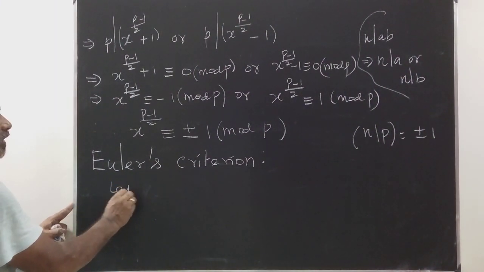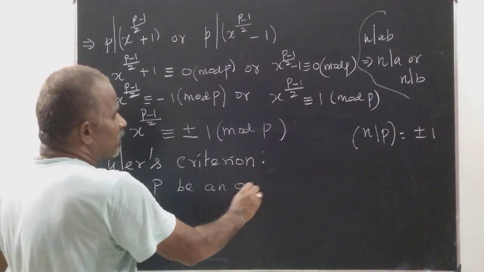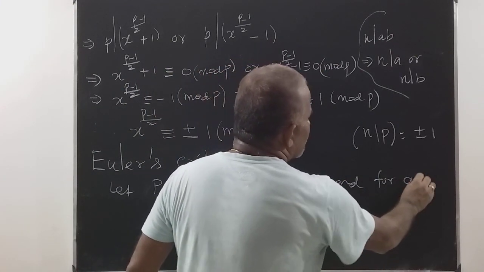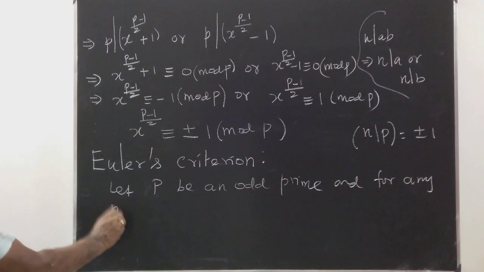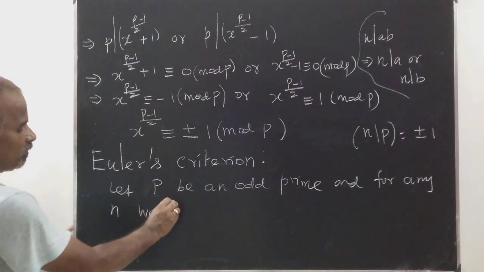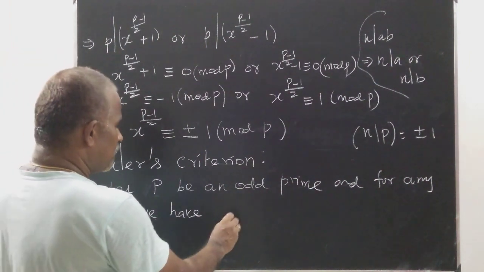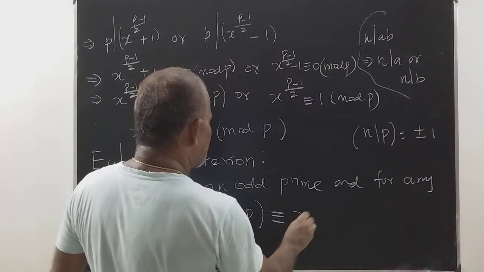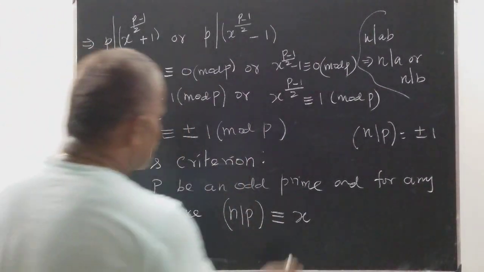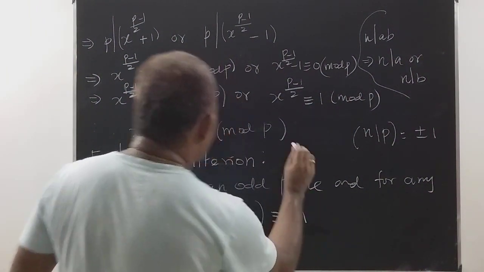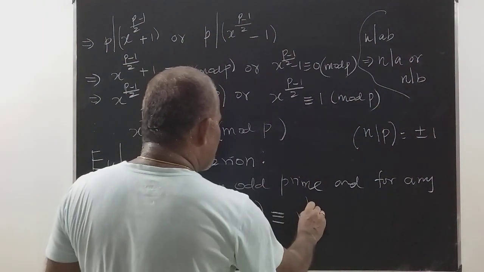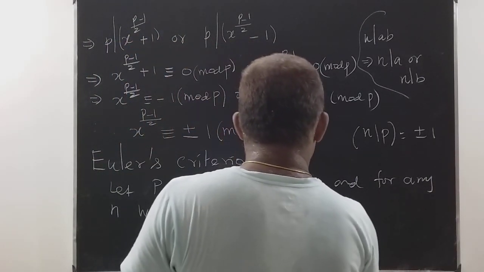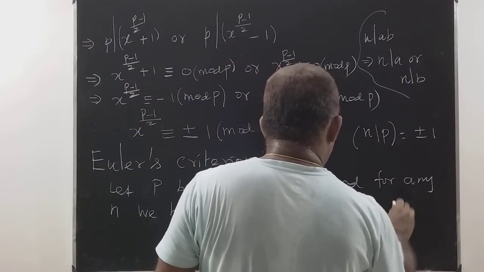So let p be an odd prime, and for any n we have n over p is congruent to n power p minus 1 by 2 mod p.